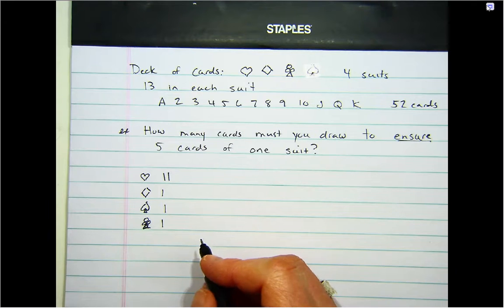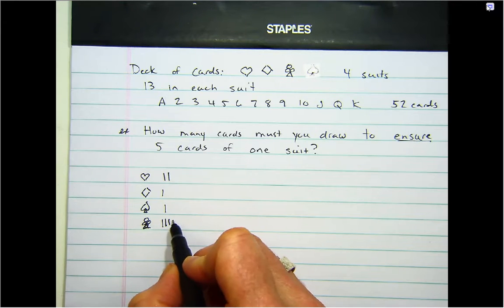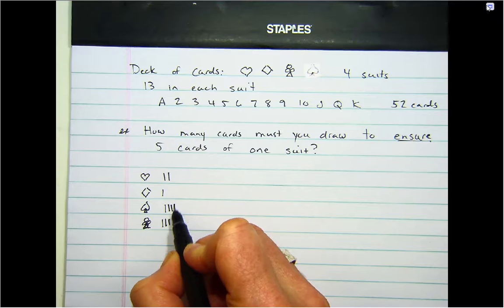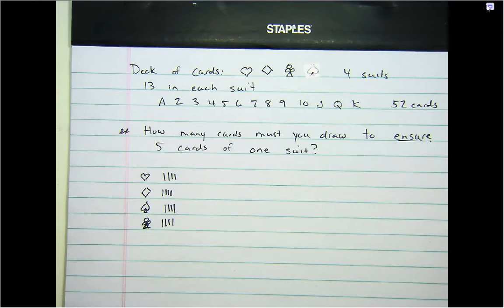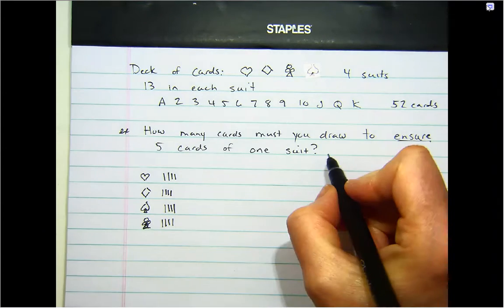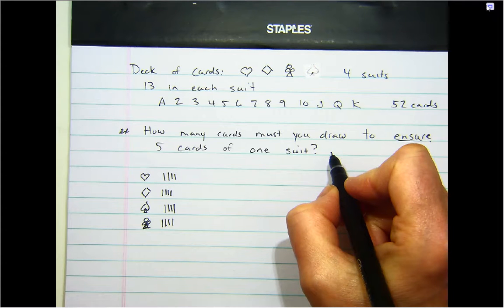Yeah, 17. That's right, because you could get 4 in each. And then, finally, when you have 4 of each, you have to get a 5th card that's matching one of the other suits. So that makes 17. That's a pretty tricky one.